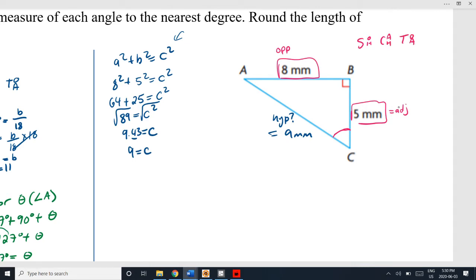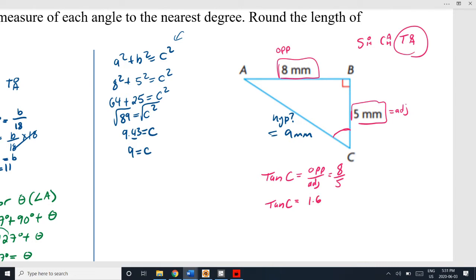Since we have opposite and adjacent, we're going to be dealing with tan. So we know the tan of angle C is equal to opposite over adjacent, which from this angle is 8 over 5. So tan C is equal to 8 divided by 5, which is 1.6.